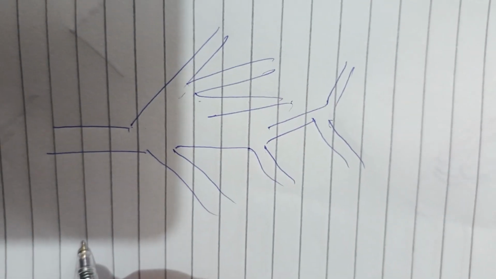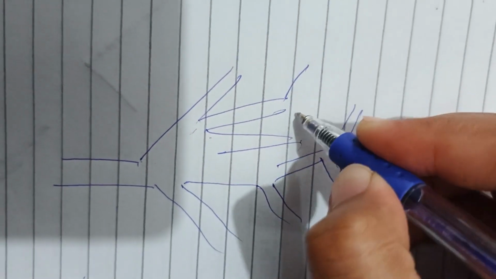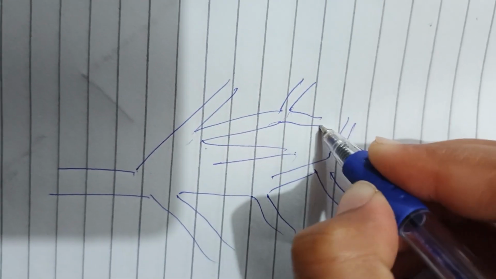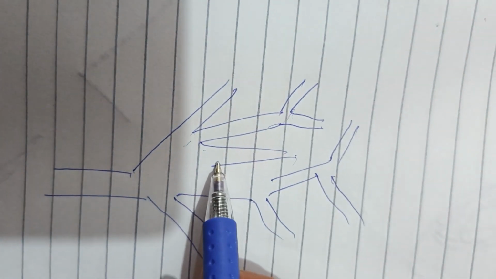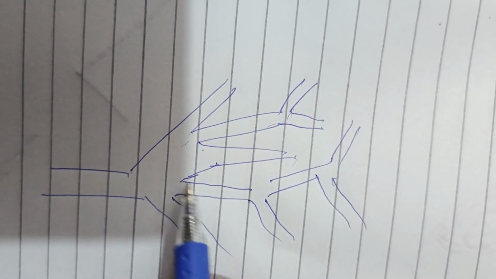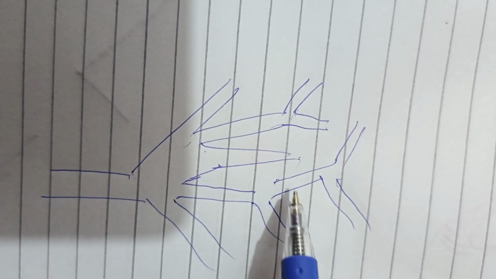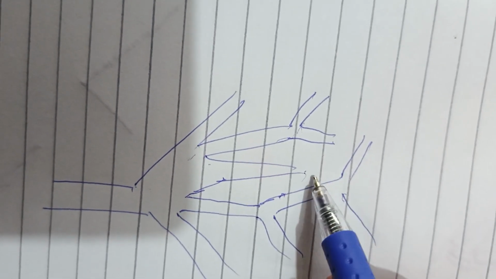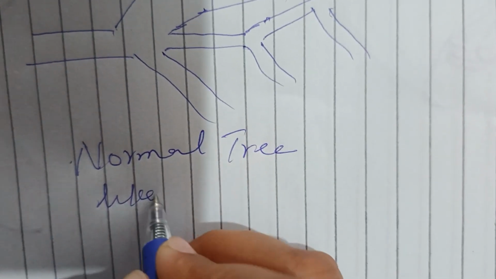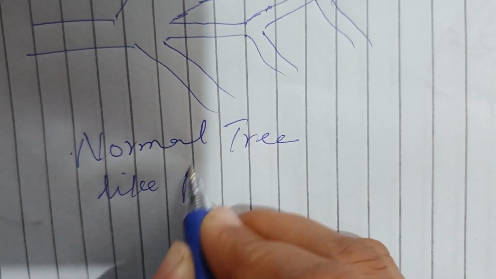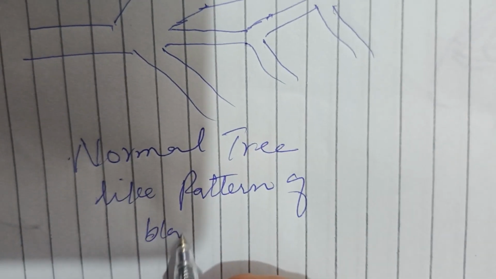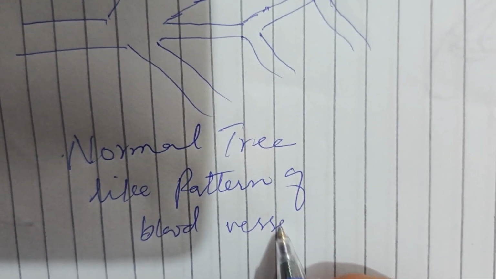This is a tree-like appearance of blood vessels with normal caliber. Normal tree-like pattern of blood vessels. These are normal typical blood vessels.